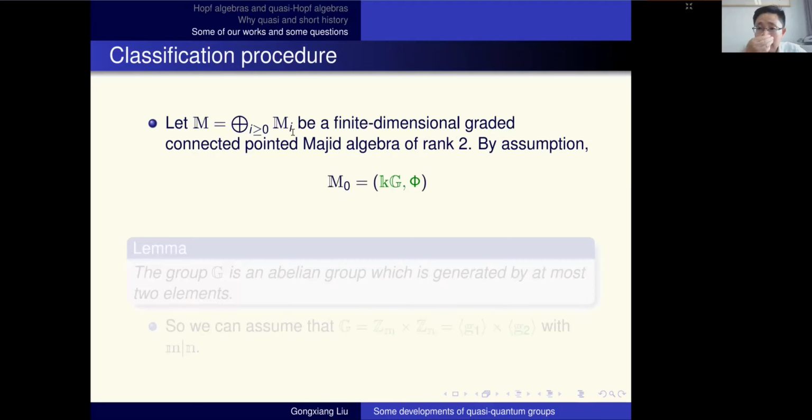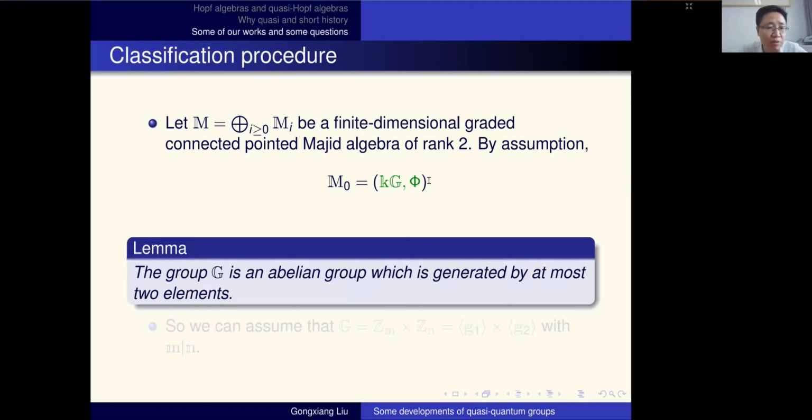By our assumption, you can prove that M0 must be a group algebra together with a 3-cocycle weight. So in order to classify this kind of modular algebra, maybe you need the M0 part to be very clear. You need to give the structure of the M0 part. This lemma tells us that G should be Zm times Zn, this form.